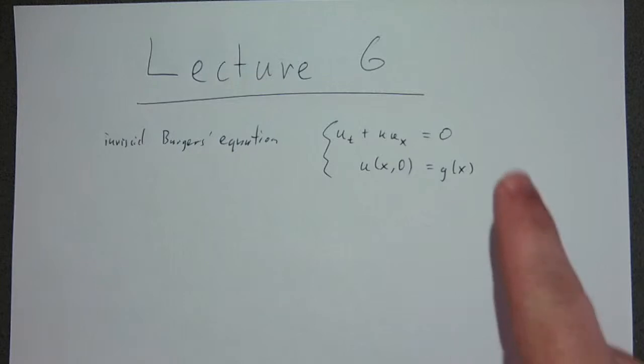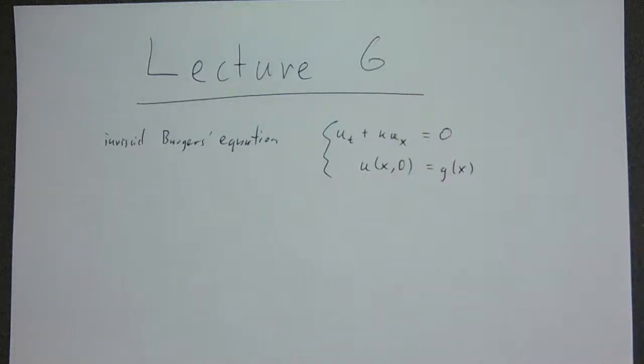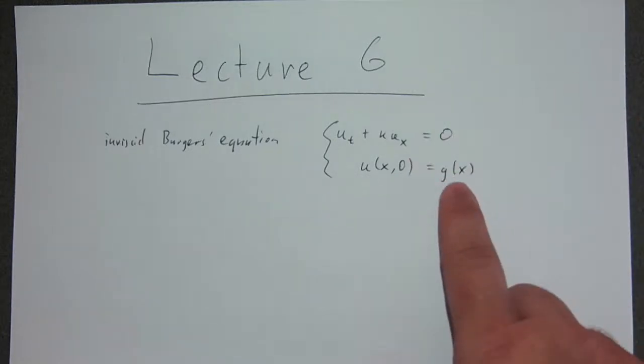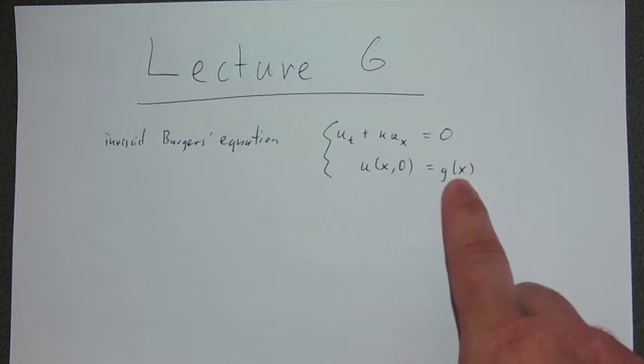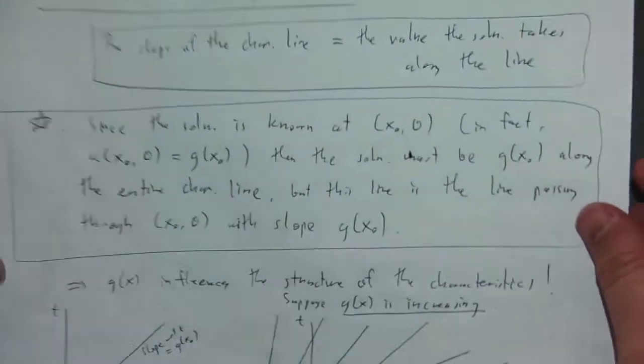So we found that the solution was constant along characteristics. The characteristics were straight lines, but with slope determined by this value on the t equals 0 axis, the x-axis here.